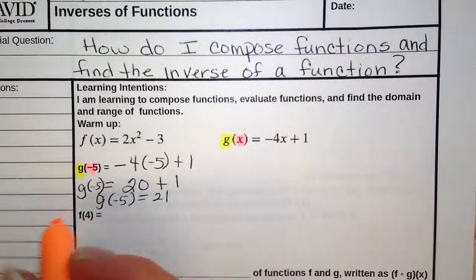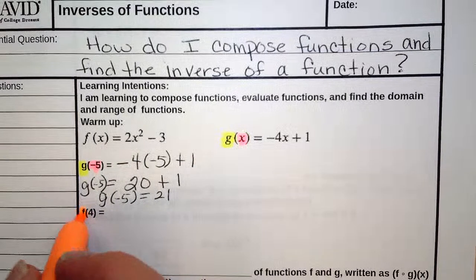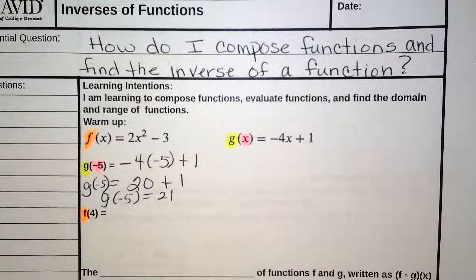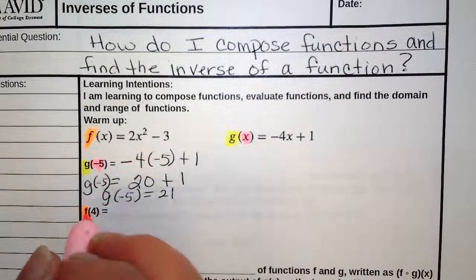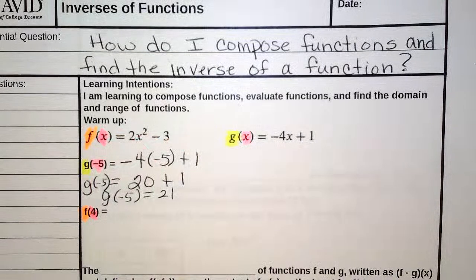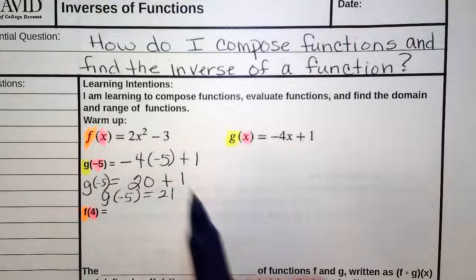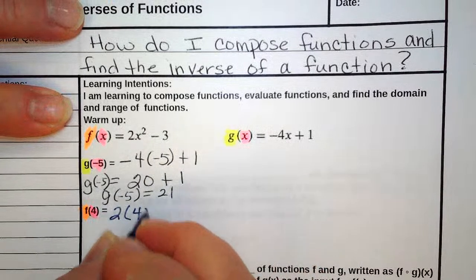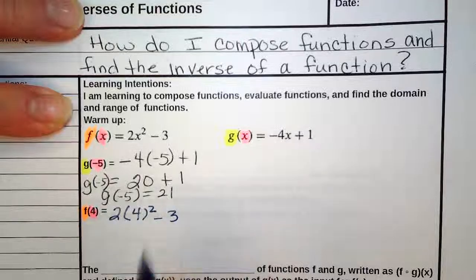For the next one, we're using the function f. Once again, it gives us a value for x to substitute in. When x is 4, what happens? Well, you start off with 2 times 4 squared minus 3.